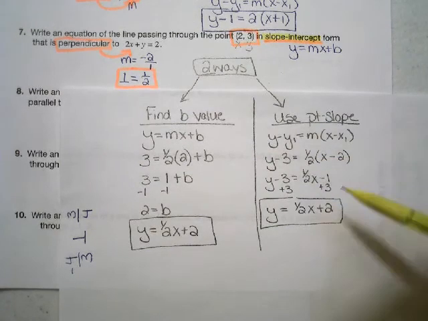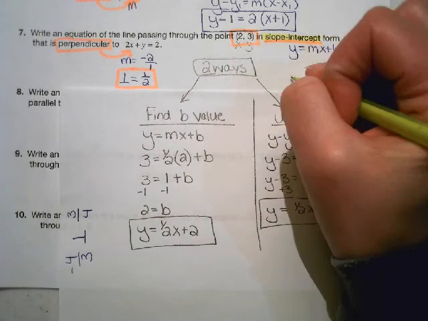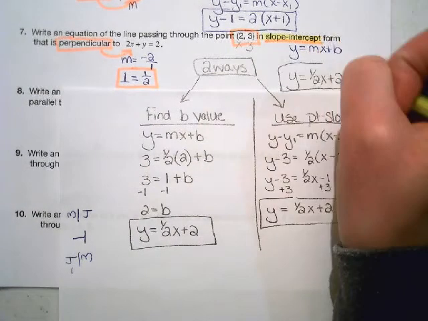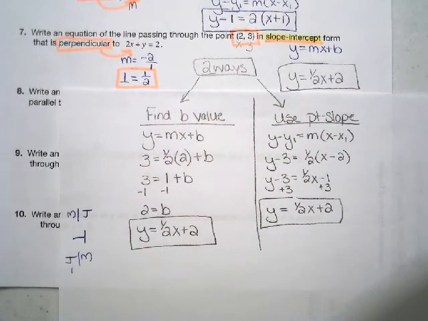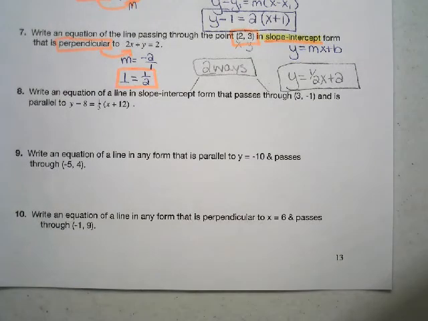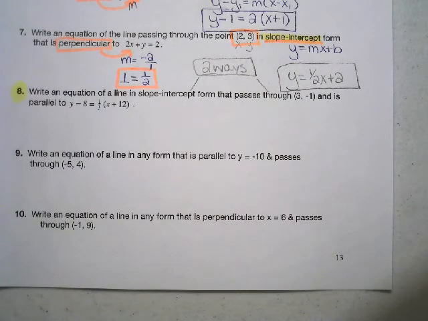I kind of like point slope just because I feel like it's maybe about one less line and I can do some of the distributing in my head. So for me, it's just a little bit less writing, but it makes absolutely no difference which one you pick. You just need to pick. So the final answer is 1/2 x plus 2, but you're going to have to pick your method, okay?